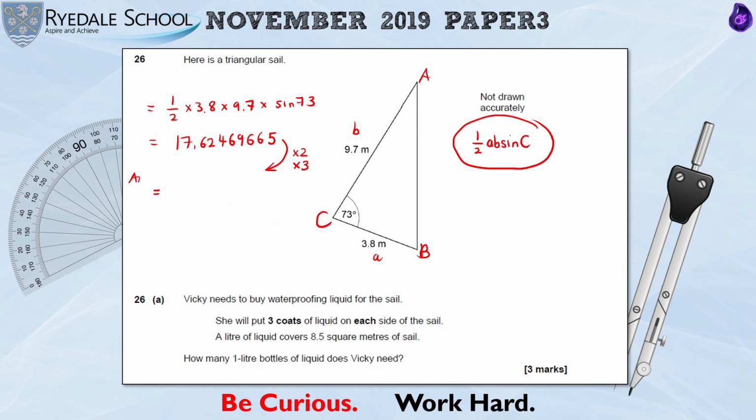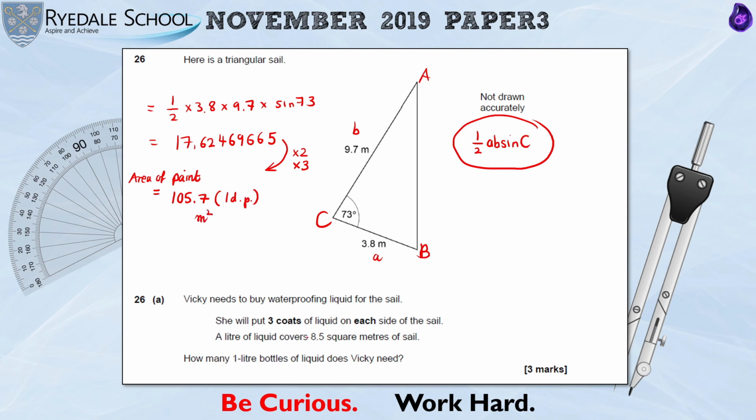So the area of paint, or waterproofing, or whatever you want to call it, I'm going to call it paint, even though it's not paint, comes out at 105.7. And I'll round it there to 1 decimal place. That is meters squared.